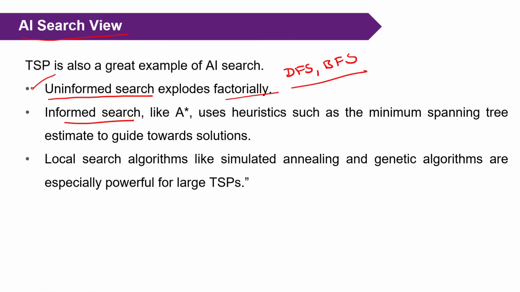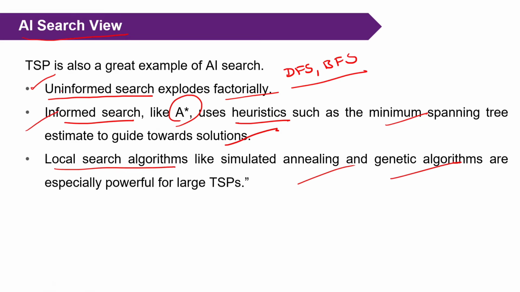And we can use informed search like A-star. What happens? The informed search uses heuristics like a minimum spanning tree or the straight line distance to the nearest unvisited city, any type of heuristic to get the solutions. That is informed. Local search algorithms, as we just discussed, like simulated annealing or genetic algorithms.